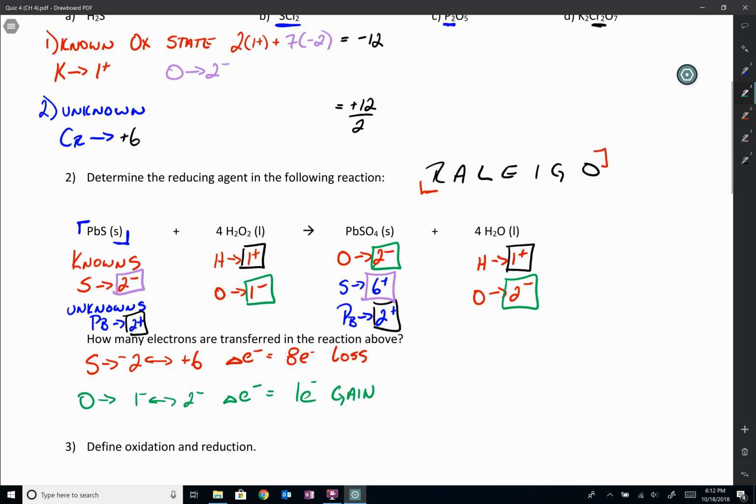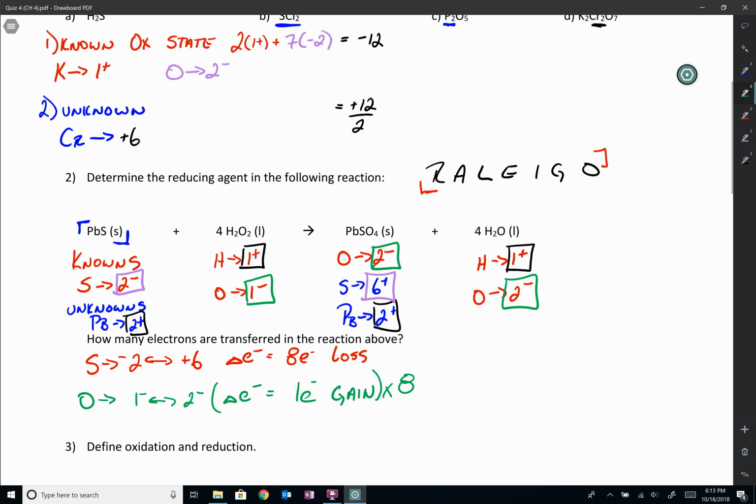Well, how many oxygens are there? Take a look right here, there's 4 times O2, so 4 times 2, 8 total oxygens. And you can count it up, there's 8 on this side also, 4 there and 4 here. So 8 electrons, 8 oxygens on both sides, each one gaining an electron. Everything has to balance.